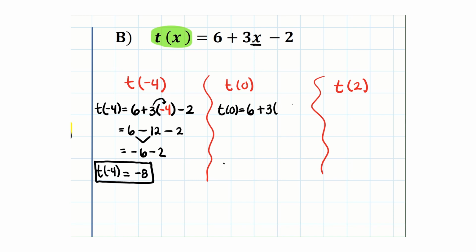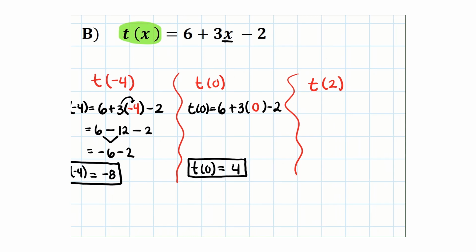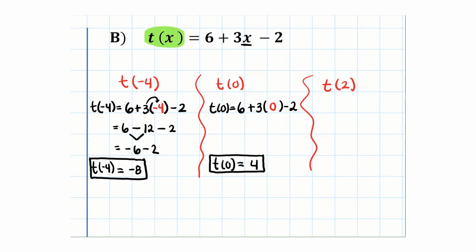We're going to do the same thing with 0 now. So 0 is going into our rule. Let's see what comes out. Some of these calculations you can do mentally, but if you need to show your work, then go ahead and do the calculations on paper.